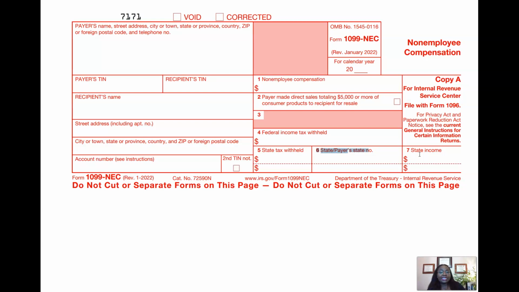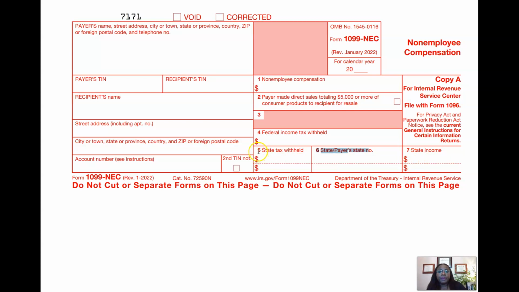That could be the case, especially since COVID, where people are working from home half the year, then they may go to a warmer climate and work half the year. So if they're technically residing in 2 states, then you would have to divide or track how much they earned in each state and put that amount.